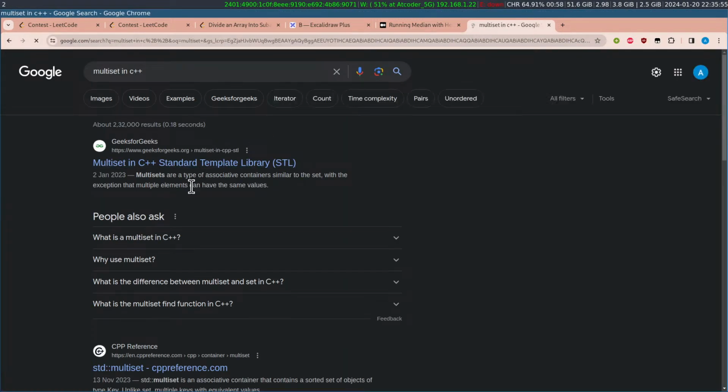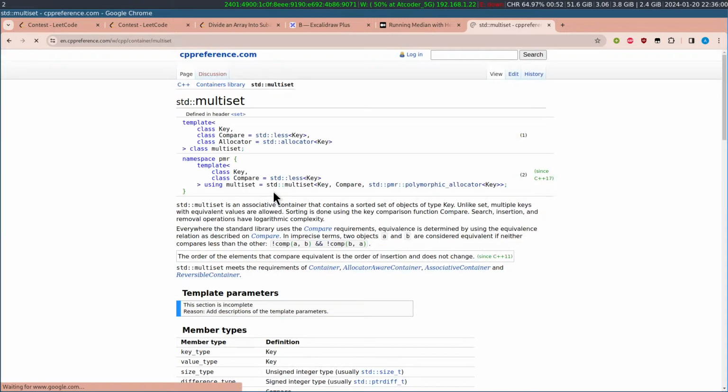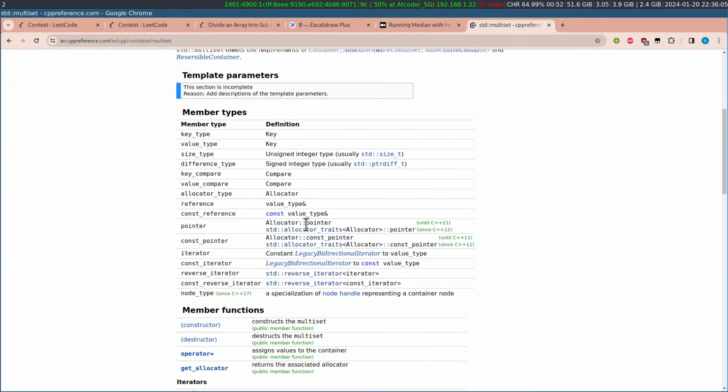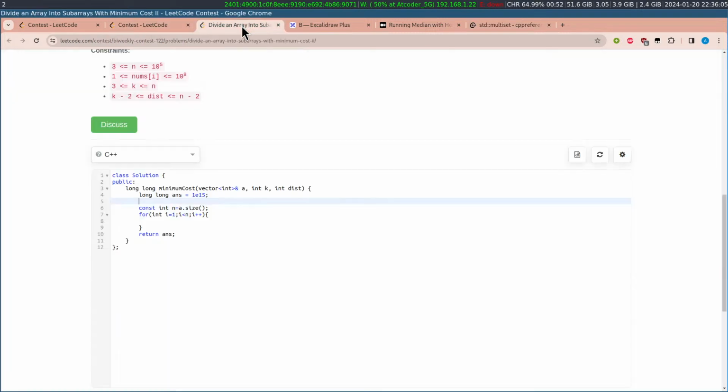Generally, I don't use multi-set, rather a pair of elements.